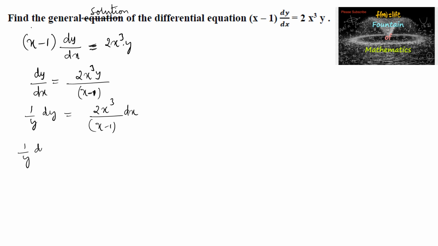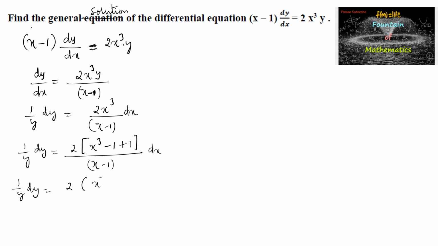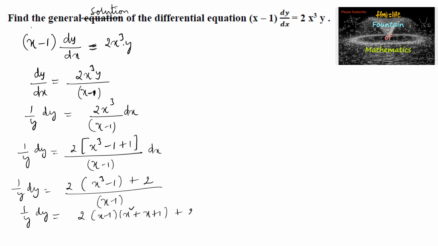So 1 upon y dy is equal to 2 times of x power 3, adding and subtracting 1, divided by x minus 1 dx. So that we can write 2 times of (x power 3 minus 1) plus 2 upon x minus 1, that is 1 upon y dy is equal to 2 times of, using a cube minus b cube, (x minus 1) into (x square plus x plus 1), plus 2 upon x minus 1 taken separately.